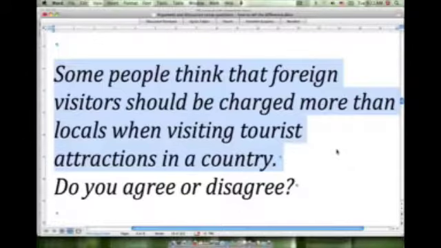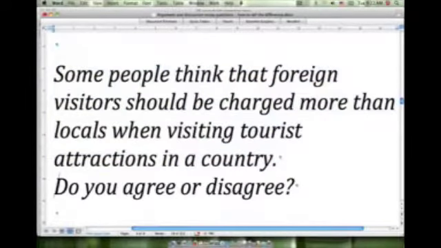It's just an opinion. It's the second portion of the task that tells us what we're supposed to do. Do you agree or disagree? Now here we're kind of being challenged with a question.